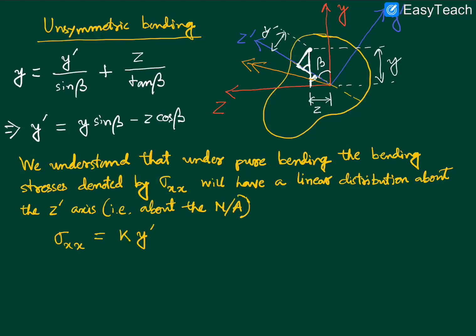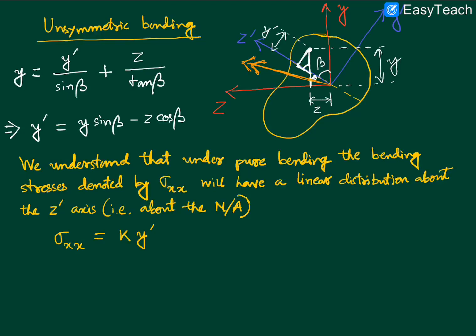So I'm curling my fingers about this stem, about this line, and I'm making my thumb point along this one. When I do that, that gives me the sense of the bending moment. But I don't want to keep it like this.